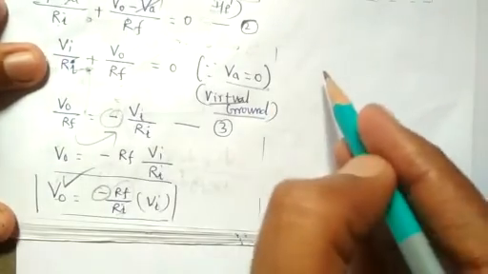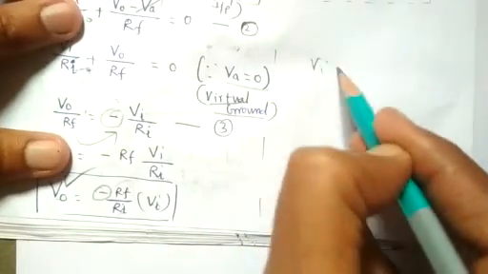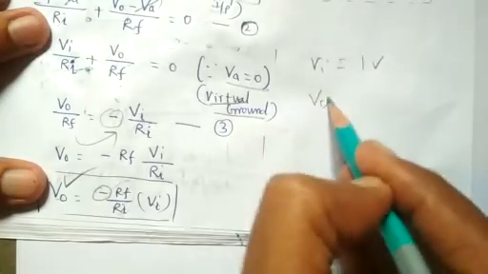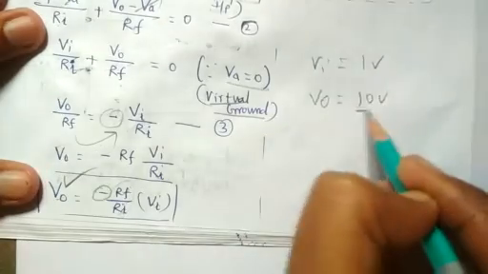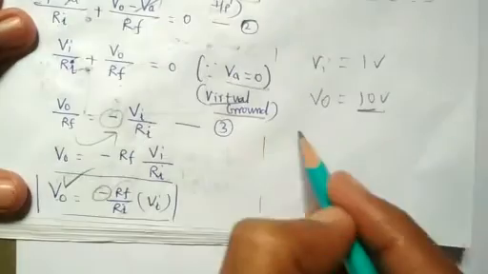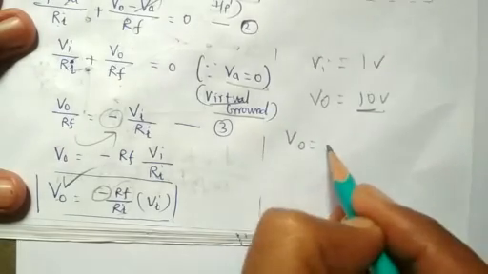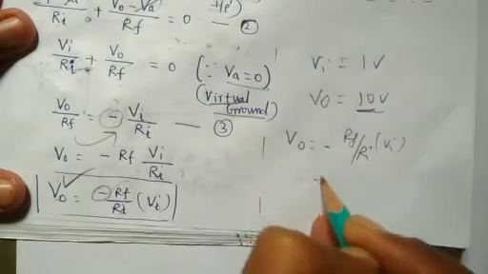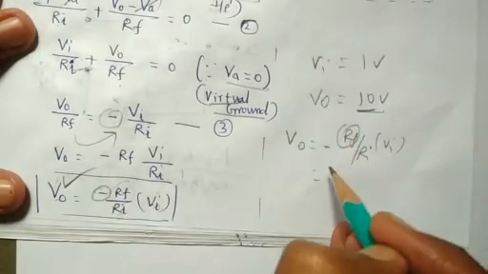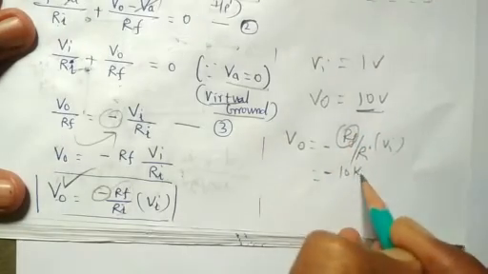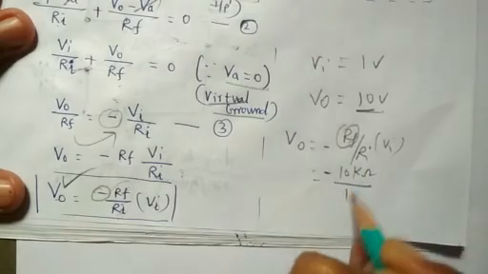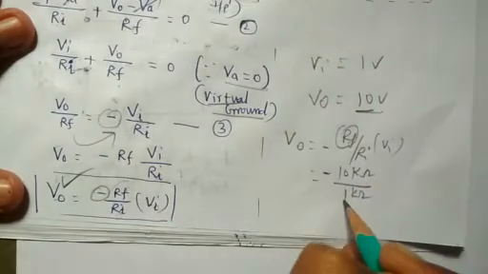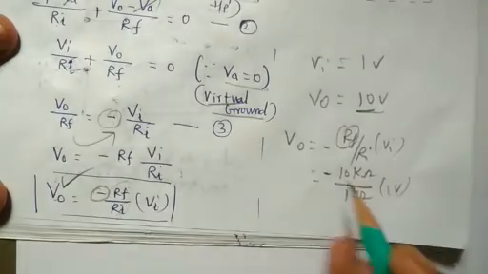For example, if you want to give a Vi equal to 1 volt, and you want to get Vout as 10 volt, a 10 times amplified version, then Vout will be equal to minus RF by RI into Vi. So this RF you have to choose 10 times larger than RI. So 10 kilo ohm, here RI is 1 kilo ohm, into 1 volt.